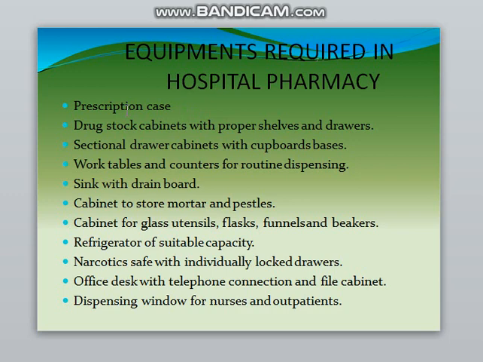For the equipments, we require a prescription case, drug stock cabinets with proper shelves and drawers, sectional drawer cabinets with cupboard spaces, work tables and counters for routine dispensing, a sink with a drain board, a cabinet to store the mortar and pestle, a cabinet for glass utensils, flasks, funnels and beakers, refrigerators of suitable capacity, a narcotic safe with individually locked drawers, an office desk with telephone connections, a file cabinet, and a dispensing window for nurses and outpatients.